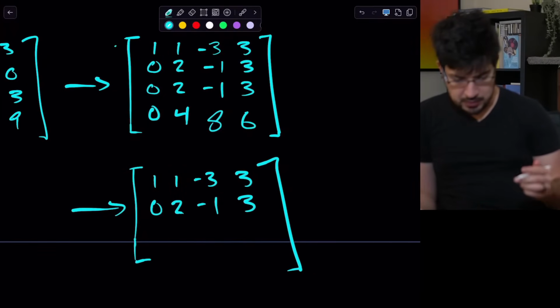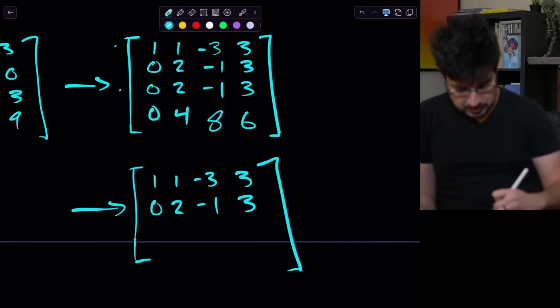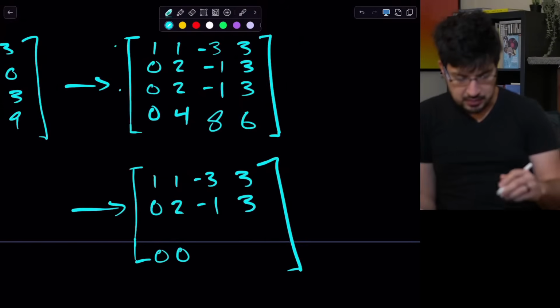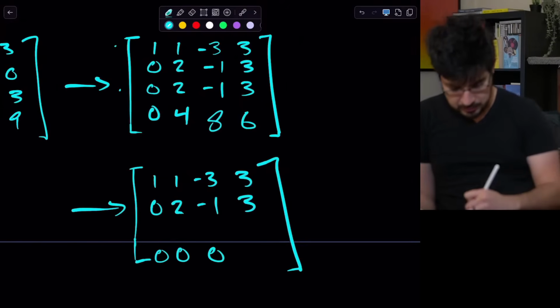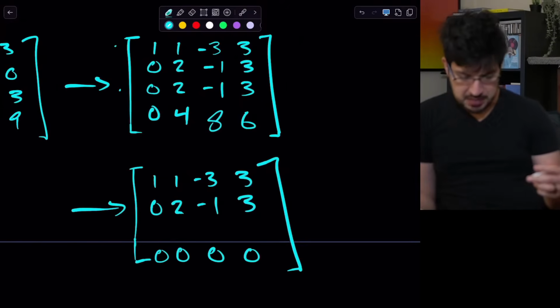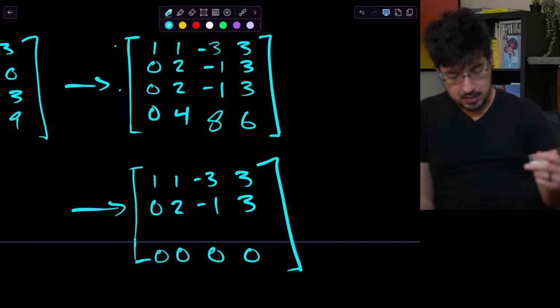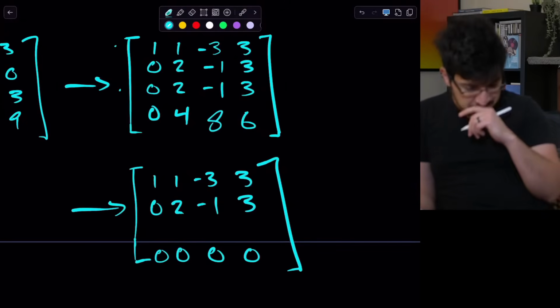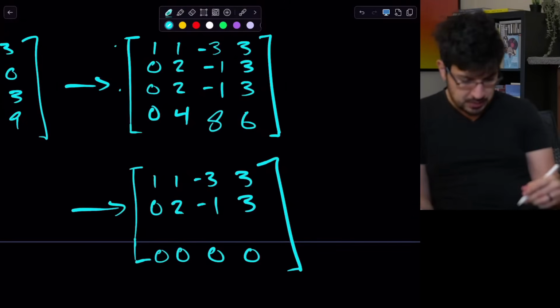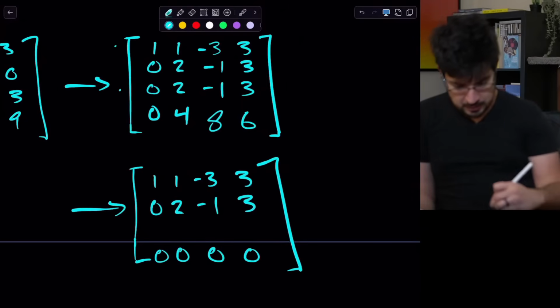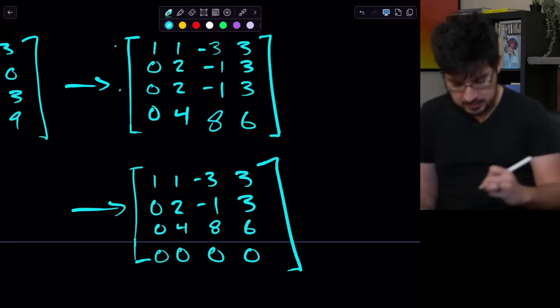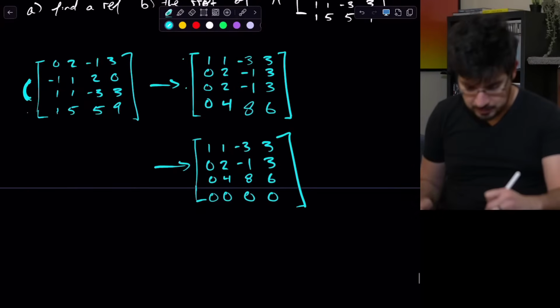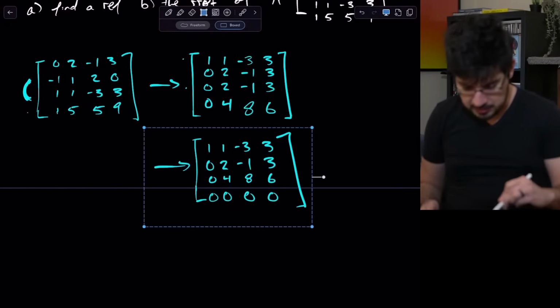I am going to move the third row to the last row and subtract the second to get zeros. And then this other one, 0, 4, 8, 6. Let's do it in 2 steps, to make sure we don't make any silly mistakes.